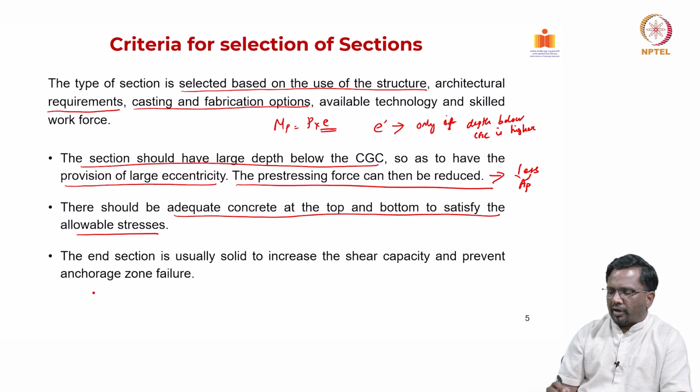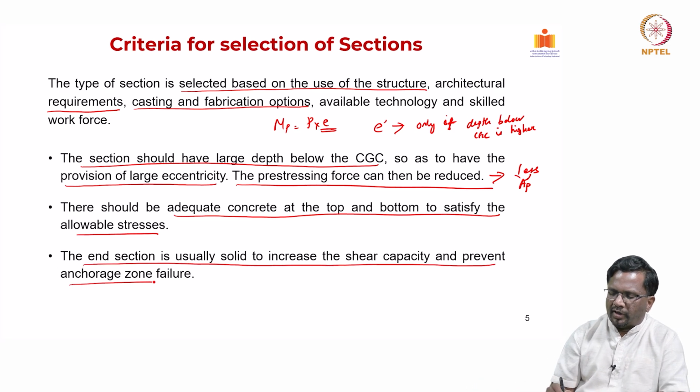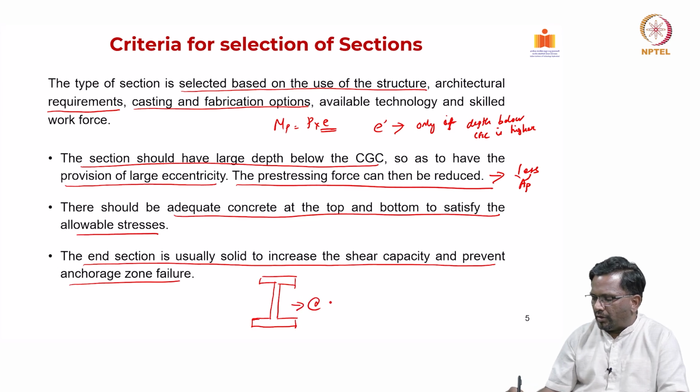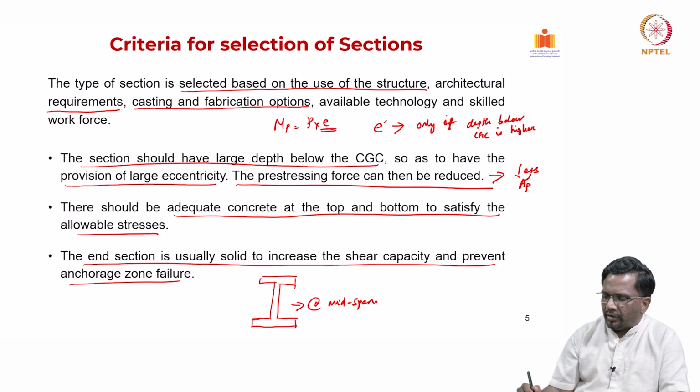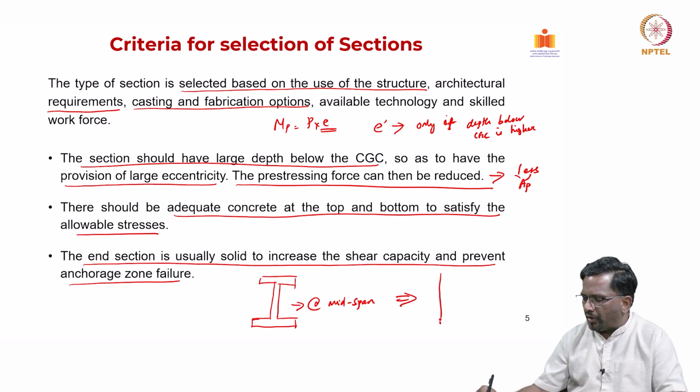And usually the end section will be solid to increase the shear capacity and prevent anchorage zone problems. So, what is the meaning of that? Let us say you have this kind of an I section at mid span. Now, this can be converted to a rectangular section.